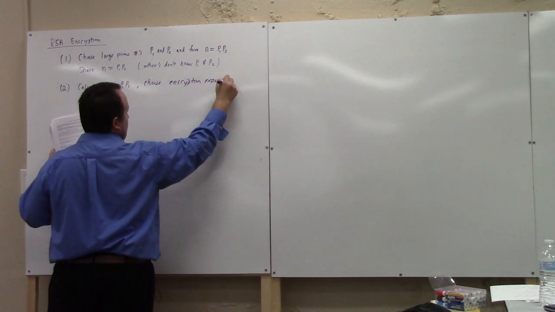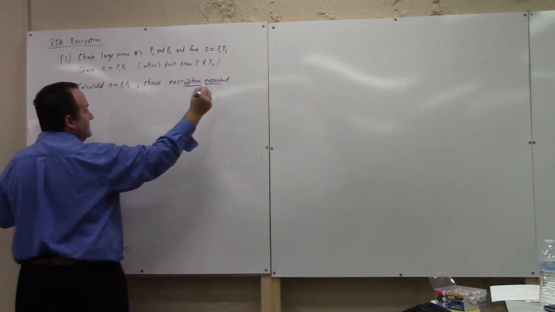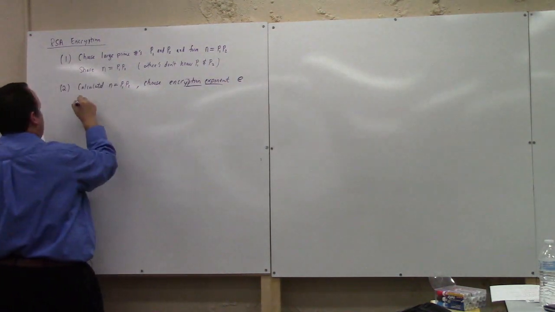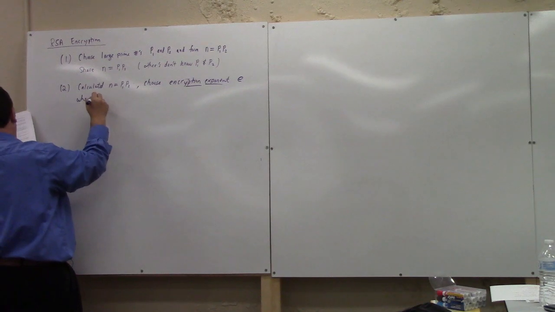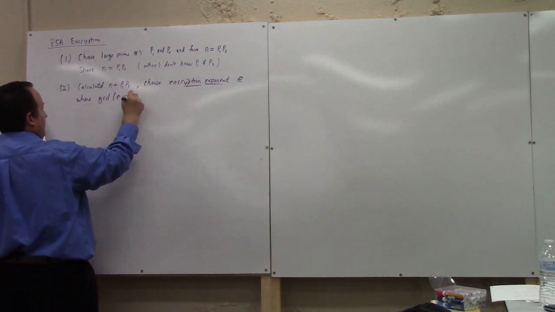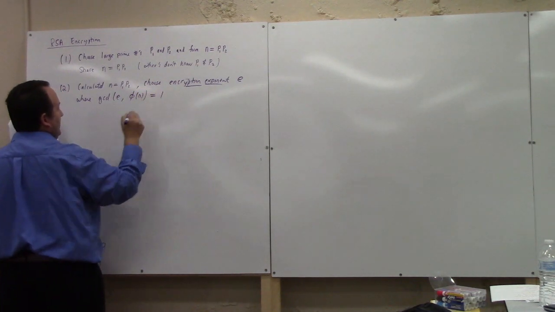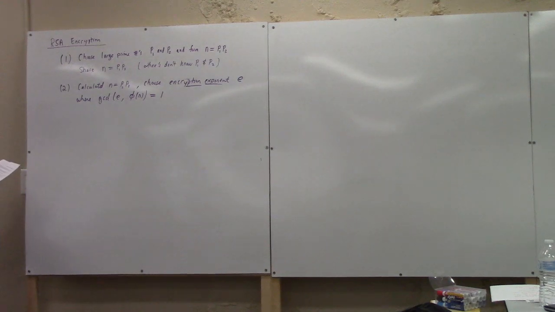All right, encryption exponent. We'll call that E, where the GCD of E and phi of n is equal to 1. Now notice phi of n, what is phi of n here? That's the Euler phi function of n. All right?